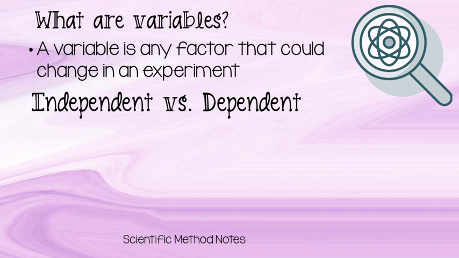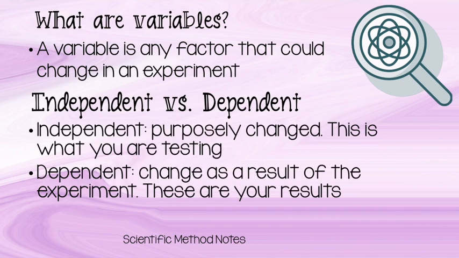So ideally, we want to have one independent variable and one dependent variable. So the independent variable is going to be the one that we are purposely changing. It's the one that we think is going to cause the effect we want to see. So in my example, this would be the sunlight.